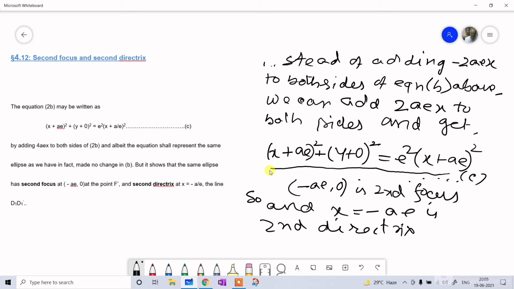Instead of minus ae, we get plus ae. So there is a second focus at the point (minus ae, 0), and the second directrix, which is the straight line x equals minus ae.